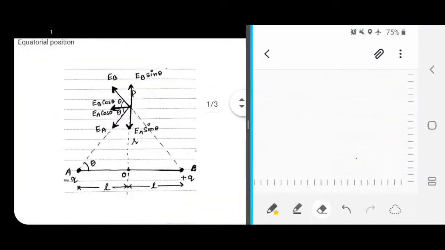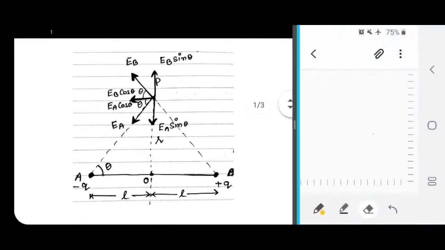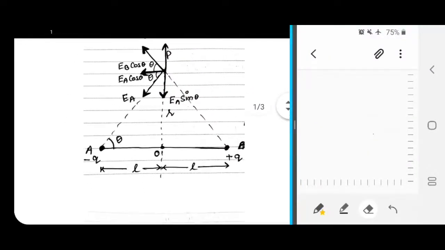So students, I just want to tell you about the point located at the equatorial plane, which is P. The magnitudes of these charges are the same, while they are unlike charges. One is minus q and the other is plus q.